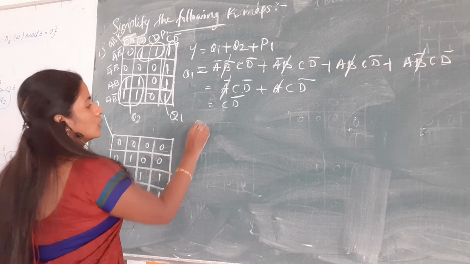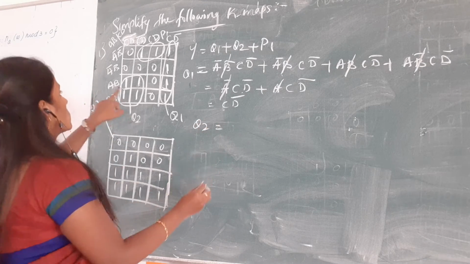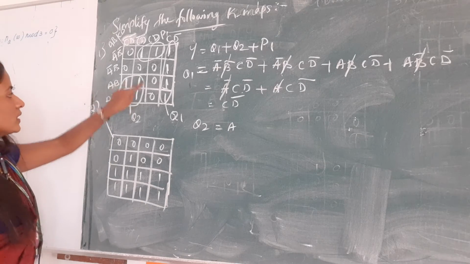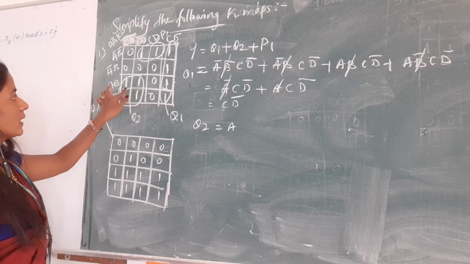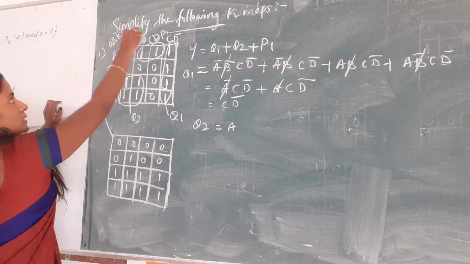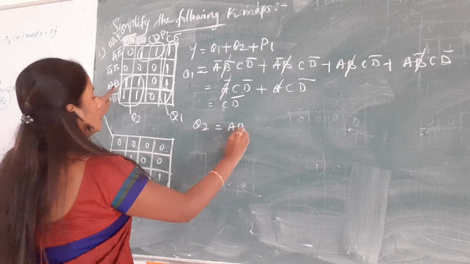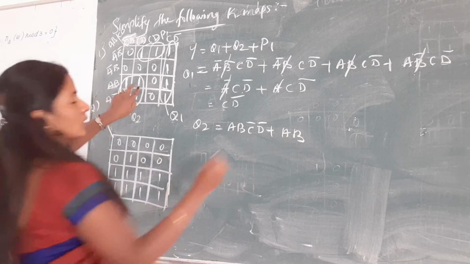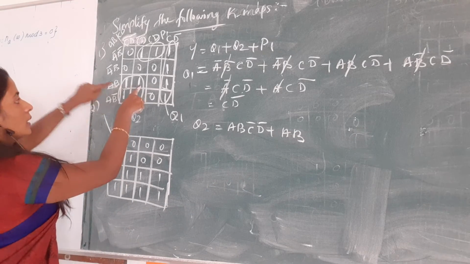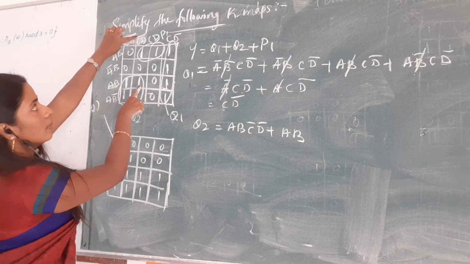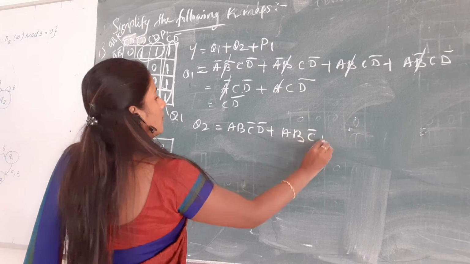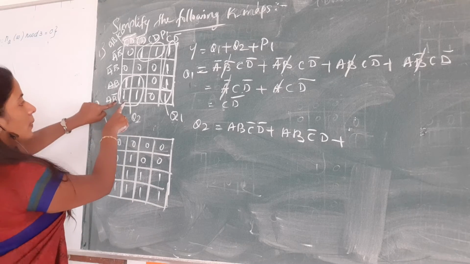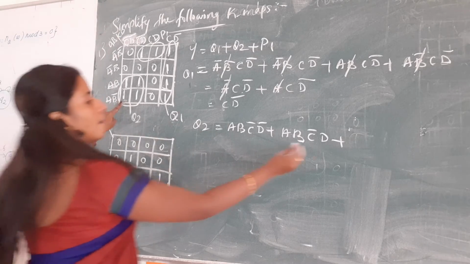Quad 1, next to quad 2, quad 2, these 4 ones. This one I am writing A, B and C bar D bar. This one, A, B, C bar D. Next to this one, A bar, B bar, C bar, D bar.